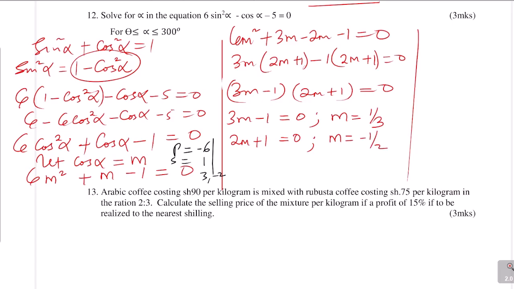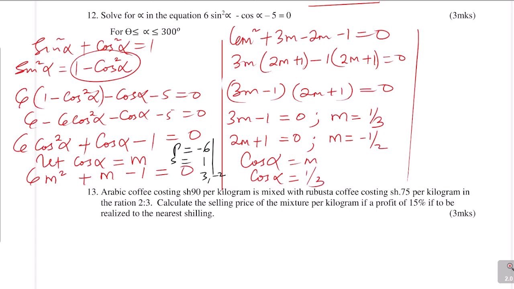Now remember, you're not solving for m. m was to help us solve that equation. Cosine of alpha is equal to m. So the first one: cosine of alpha is equal to the first value of m, which is a third.